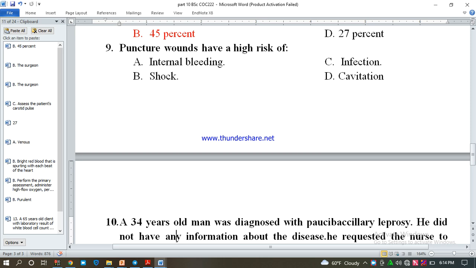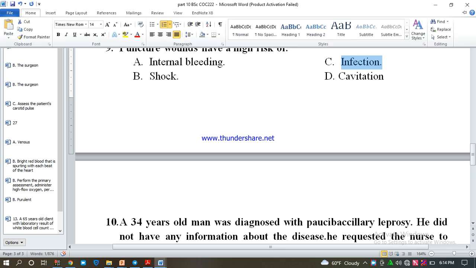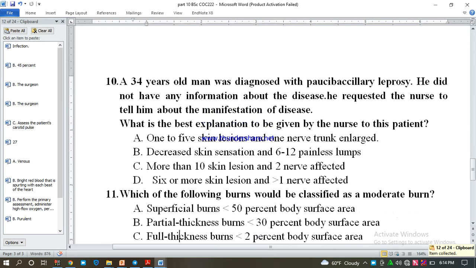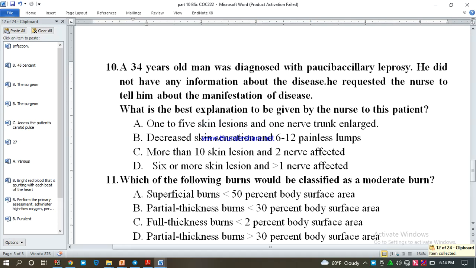External bleeding is limited but internal bleeding may occur. In a puncture wound the risk of infection is high and tetanus may develop. So the correct answer is C.